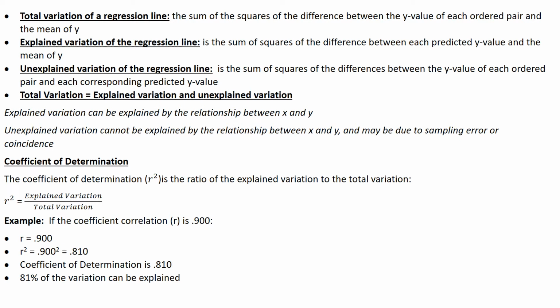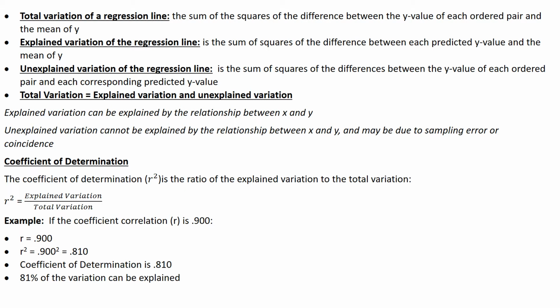A lot can be explained, but some cannot be, such as when we're looking at Old Faithful. It looked like a very strong correlation, and the line was real close to it for eruption times as well as times between eruptions. But it's not 100% perfect. We can determine how accurate it is by looking at the explained variation over the total variation.